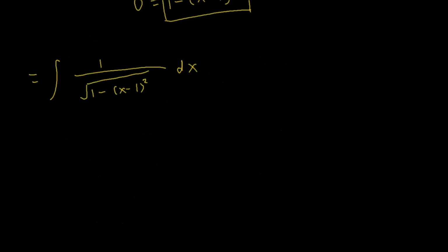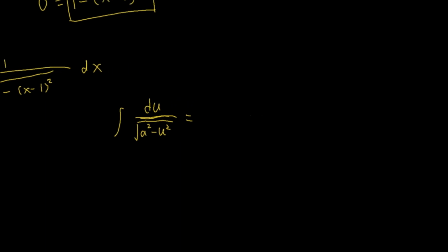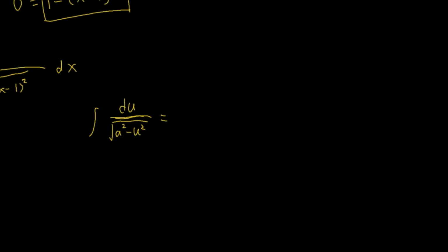Let me rewrite it here: the integral of du over the square root of a squared minus u squared equals arc sine of u over a plus c.